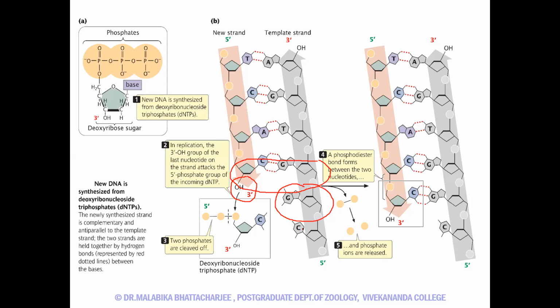The template provides a single-stranded DNA that will direct the addition of each complementary deoxynucleotide. So these two basic things are required at the outset of replication. We need to have the 4 categories of dNTPs at hand, and we need to have this primer template junction ready so that the polymerization of DNA can move on.